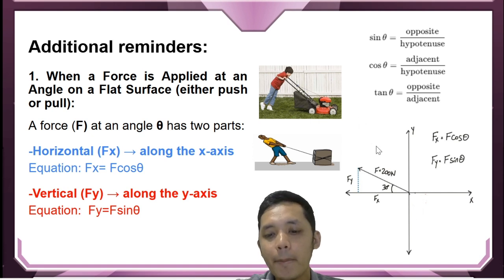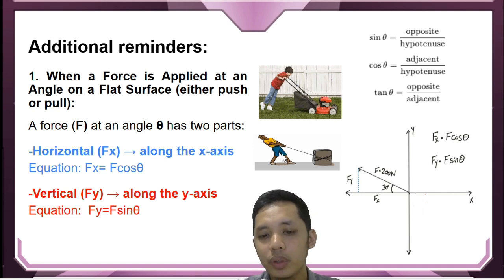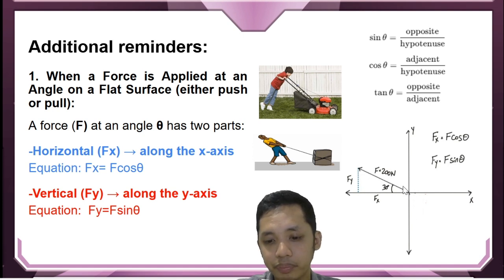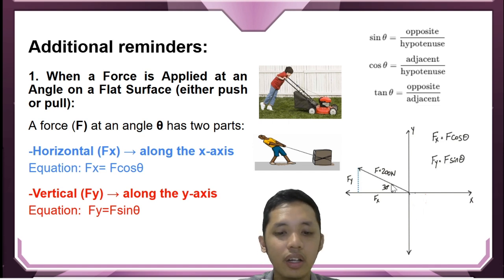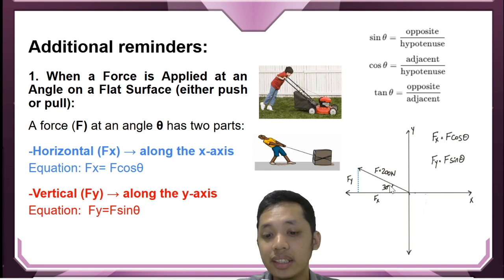Now, we focus on this illustration. So, the force that this person is applying can be represented by this arrow. Okay? And let us assume that this force is applied at an angle of 30 degrees.